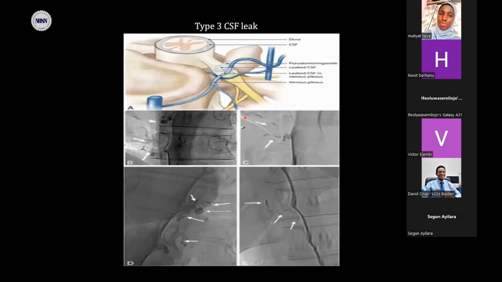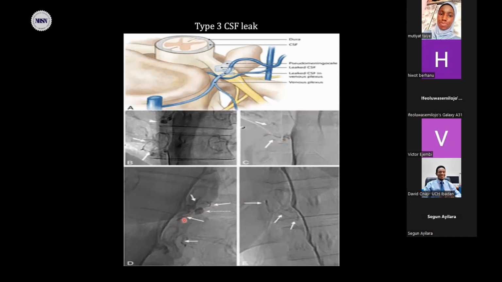Type 3 occurs where there is no leakage of the CSF into the ventral space. However, there's a direct or fistulous communication between the sleeve and the adjacent venous plexus, such that you see contrast leaking and extending along the venous plexus, as we can see in some of these DSM, which are the digital subtracted images.